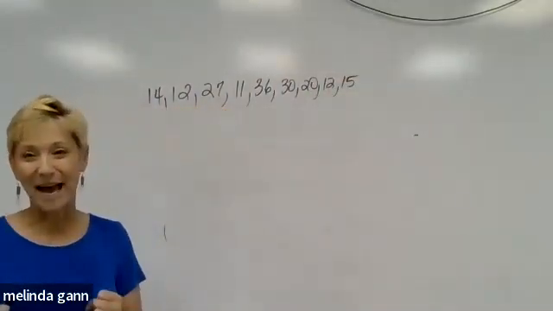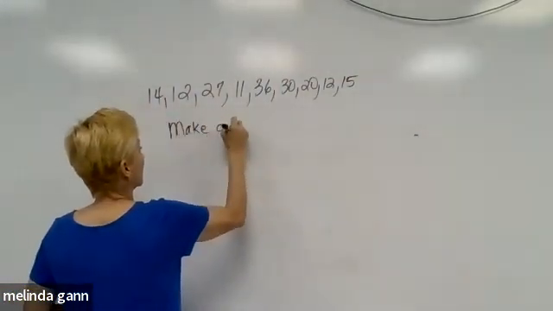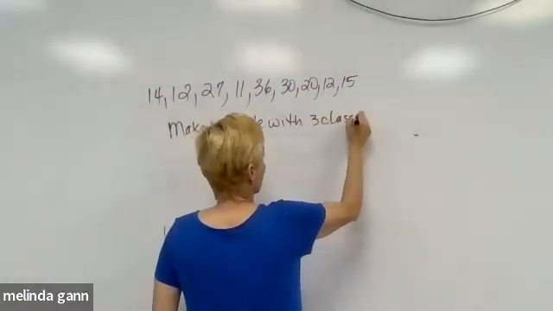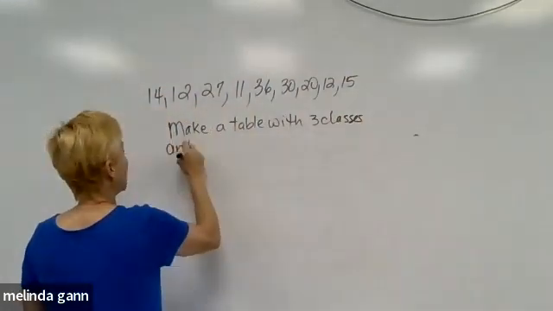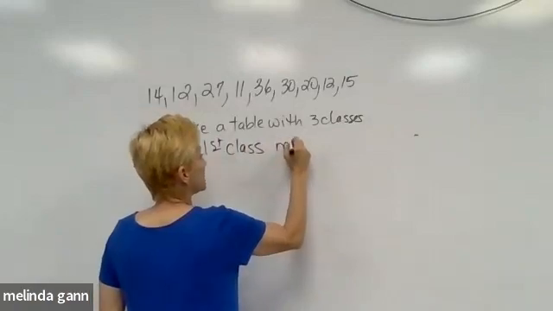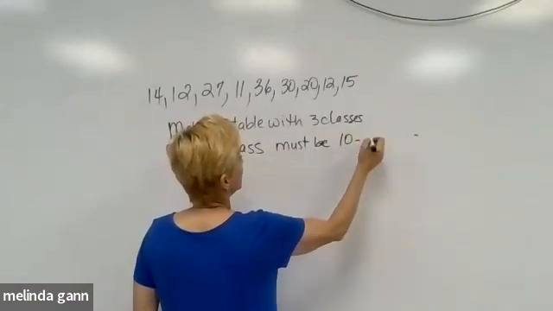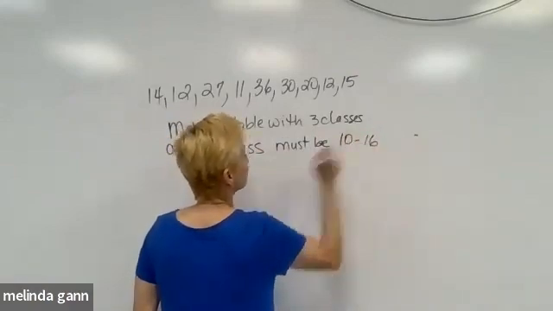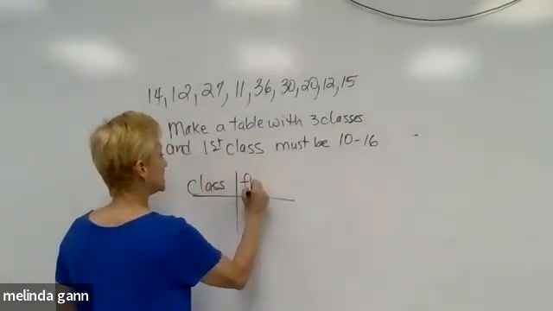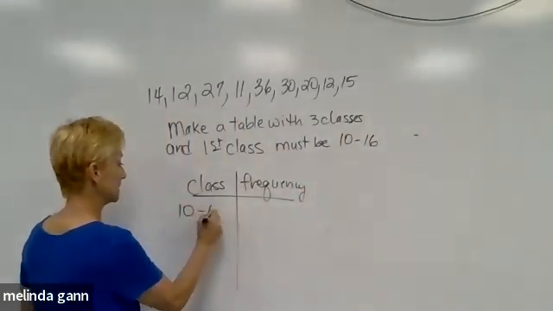And I said, make me a table with 3 classes. Right? And the first class must be something like 10 to 16. Well, if I tell you that the first class has to be 10 to 16, then the first class has to be 10 to 16.